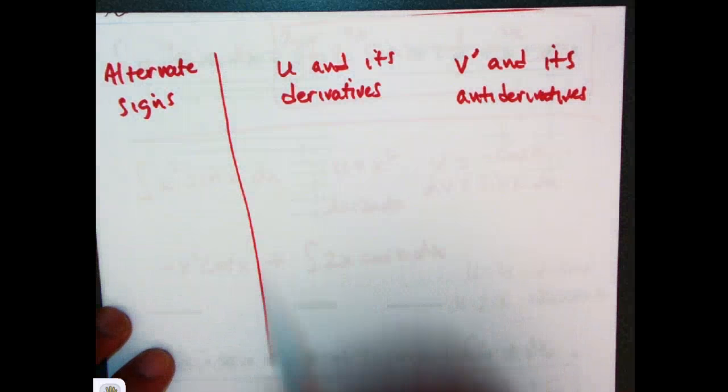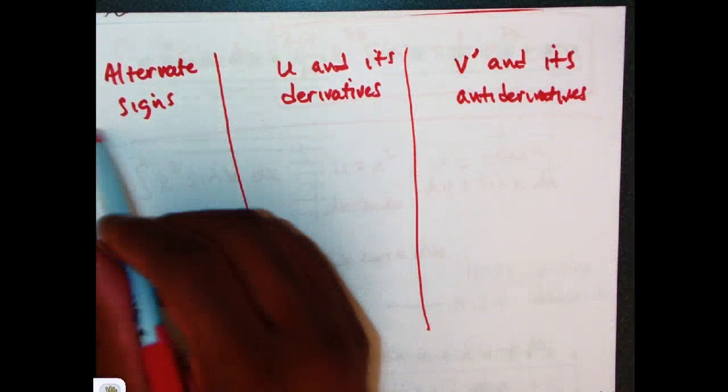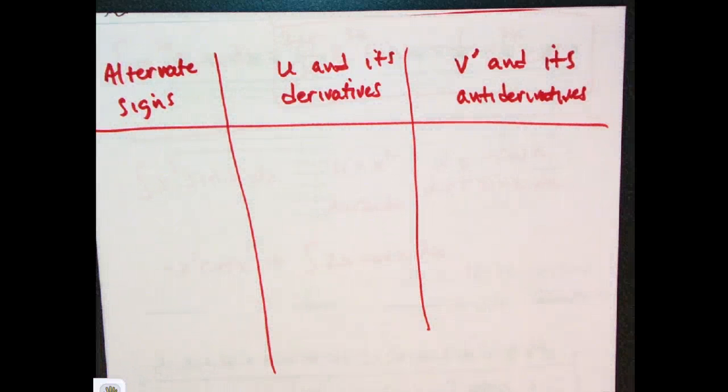Now what's key here is that u will eventually, by taking its derivative, you'll eventually get to 0.